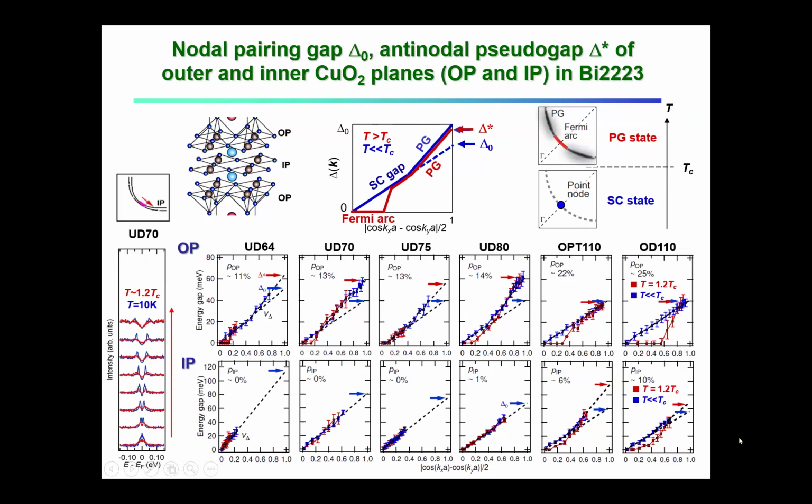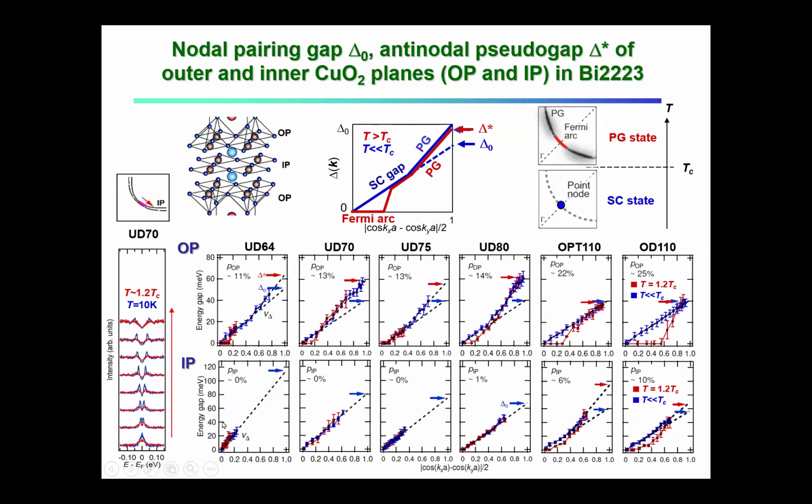These are data for many different dopings from underdoped to overdoped. As I mentioned earlier, for the optimally doped sample, the overdoped sample has a smaller gap than the inner plane, because the scale is different.